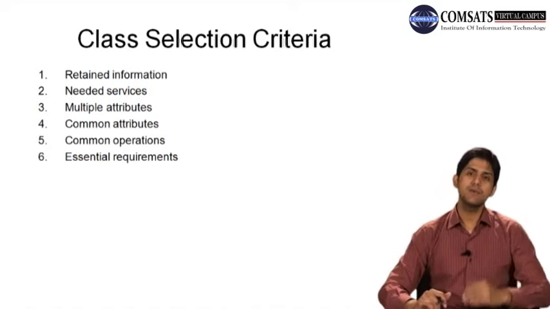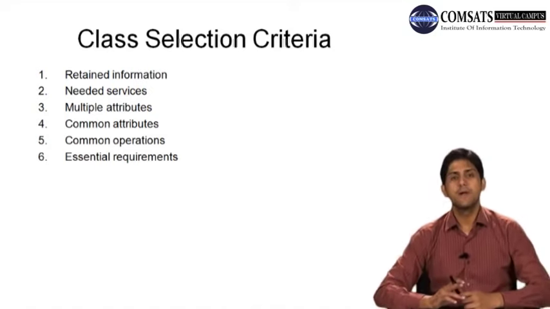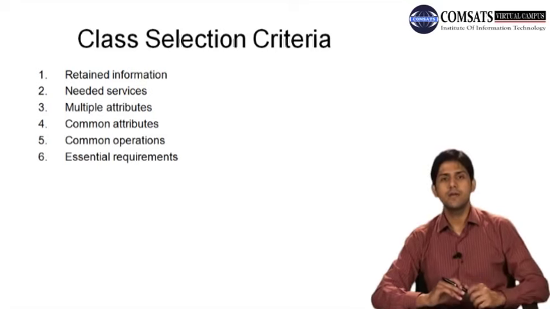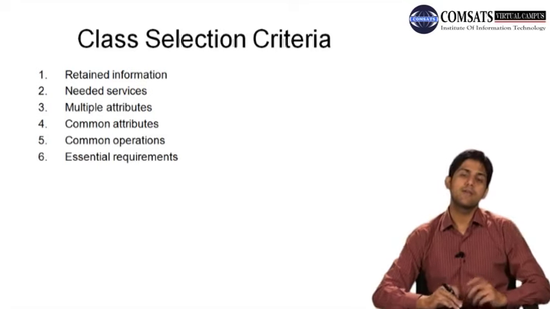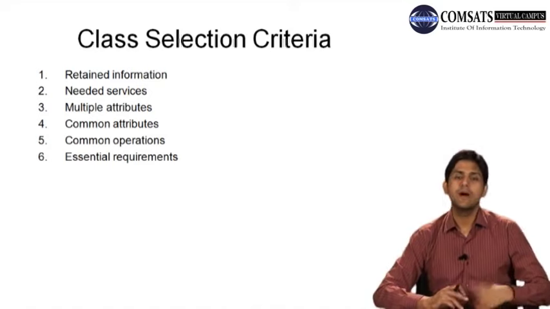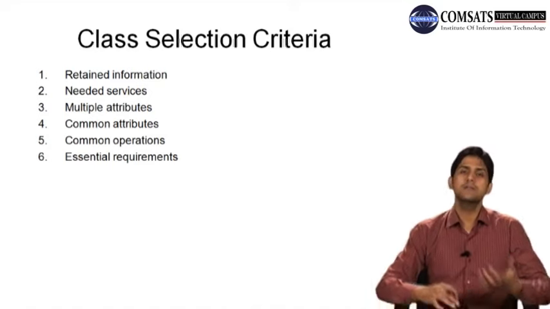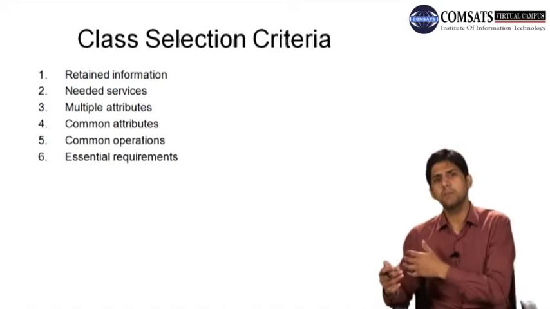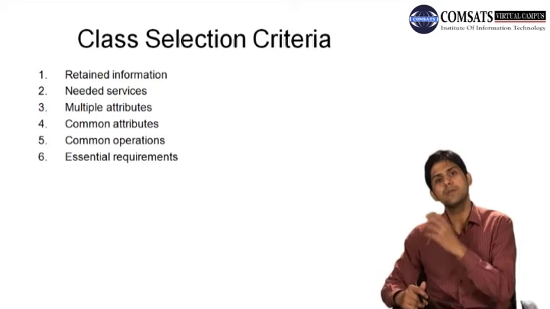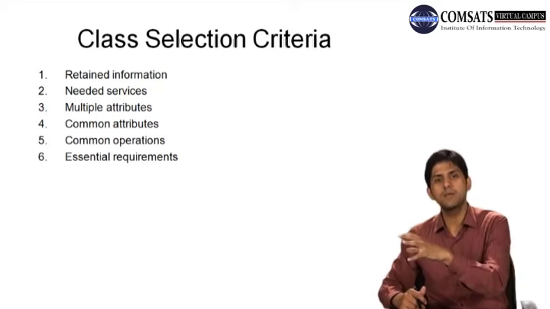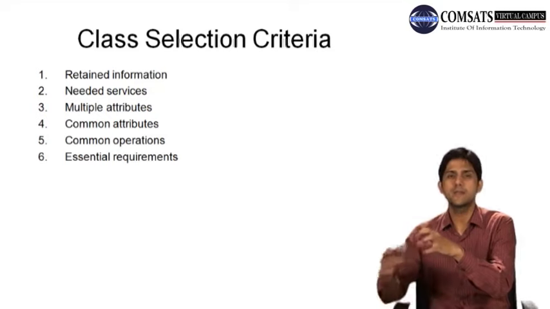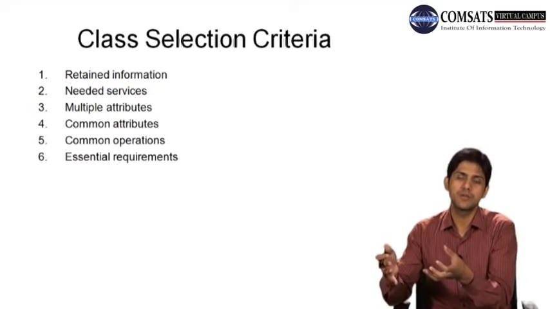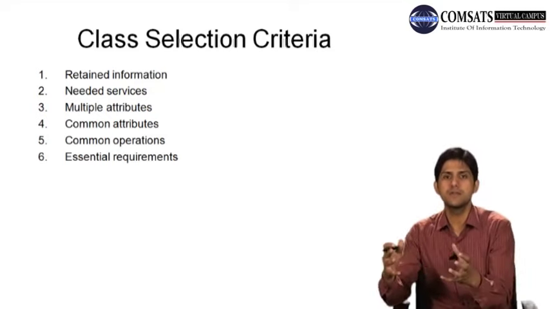And the 6th one is essential requirements. At times there are some external entities. For example, if you remember the safe home solution, there was an alarm there. The alarm is an external entity which is not part of your solution, but you associate some information with that, and that is essential to the requirements of that particular solution, because without the alarm your solution is useless.